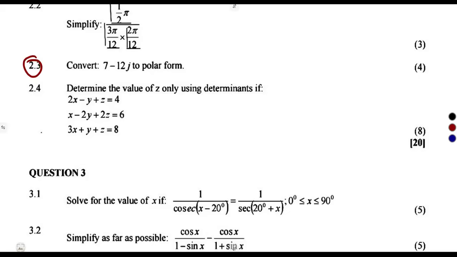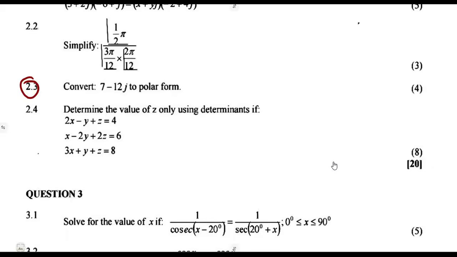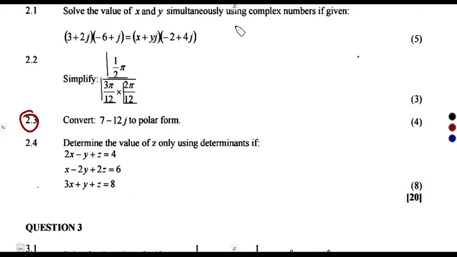2.3, convert to polar form. If we are given this 7 minus 12j, how can we convert to polar form? Remember the polar form is in the form of r angle theta like this, or r cis theta, where we need the resultant r and also the angle theta.